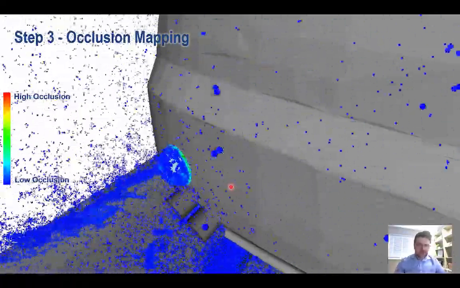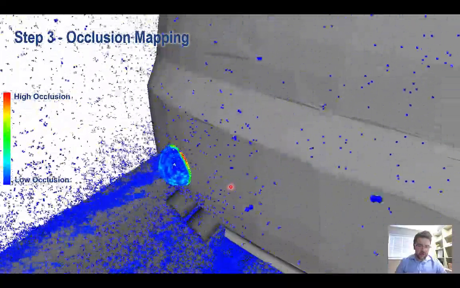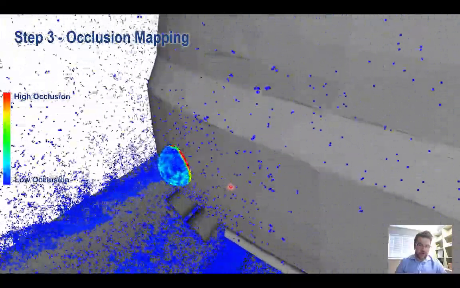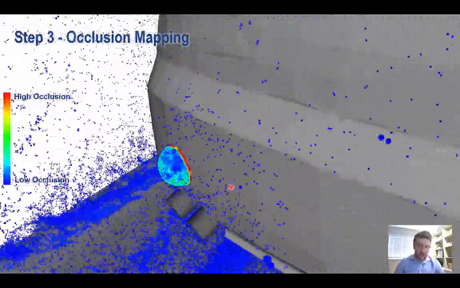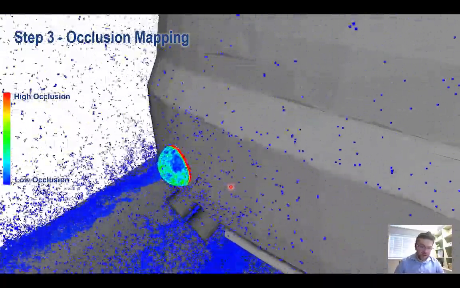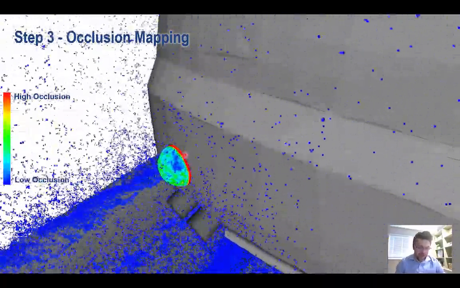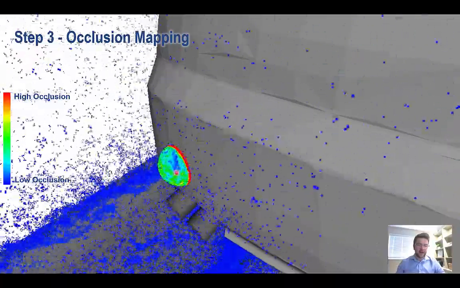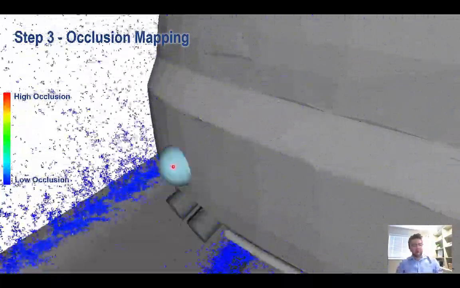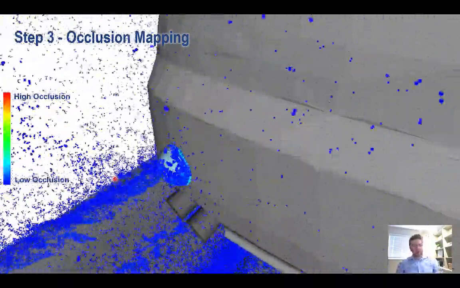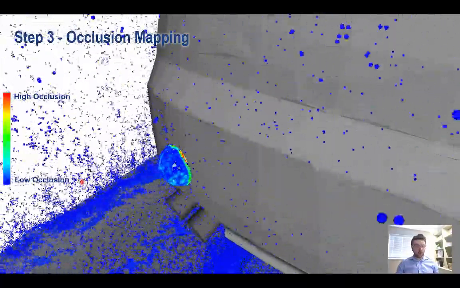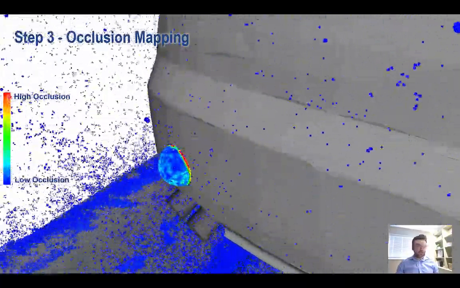So once we have the scaled particle simulation running, we can then look at what the actual deposits look like on the mapping. Every time a particle hits this surface, it adds a value onto this mapping, and the more frequently a particle hits that specific node, the further up this rainbow we go.